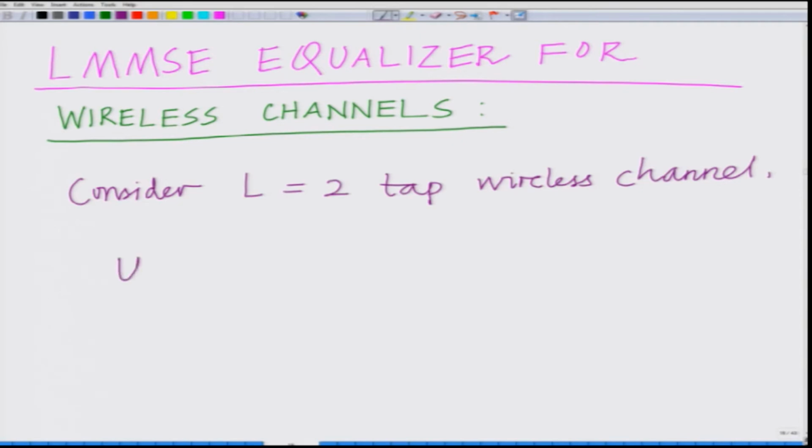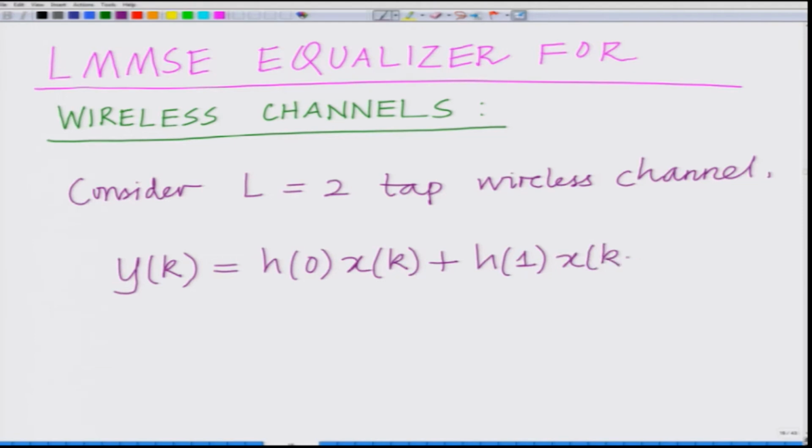Since there are 2 channel taps, we can express Yk equals H0 times Xk plus H1 times Xk minus 1 plus Vk, correct. These are the 2 channel taps H0 and H1, the coefficients of the channel filter.